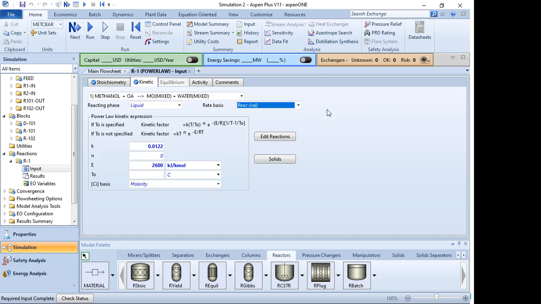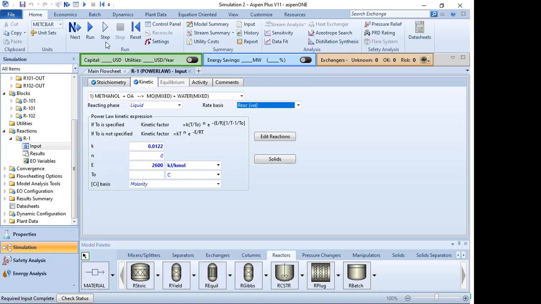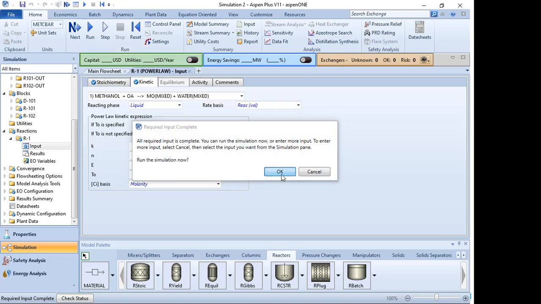So volume and weight can be connected with the porosity of the reactor. Okay, that's all. I think we already input every information for the reactor. Then you just simulate.